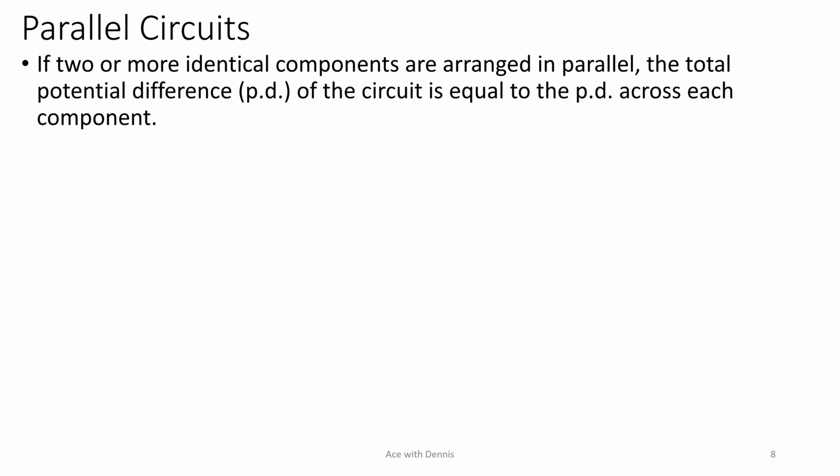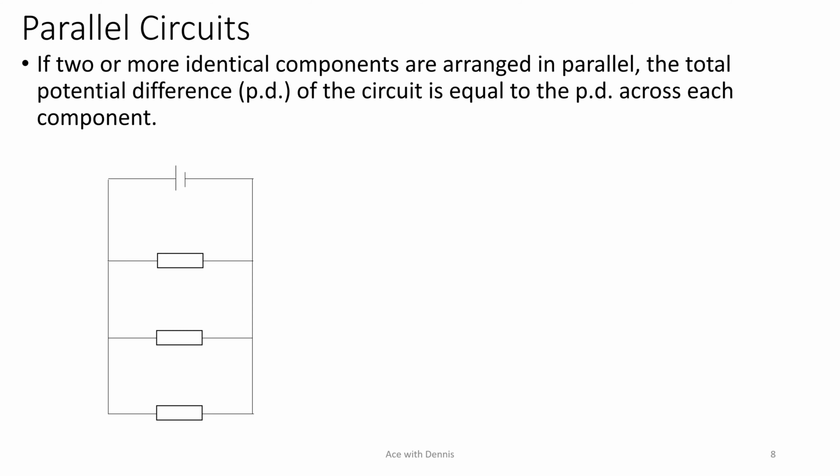If two or more identical components are arranged in parallel, the total potential difference (PD) of the circuit is equal to the potential difference across each component. This diagram shows three resistors connected in parallel.